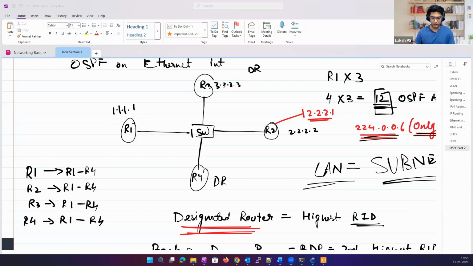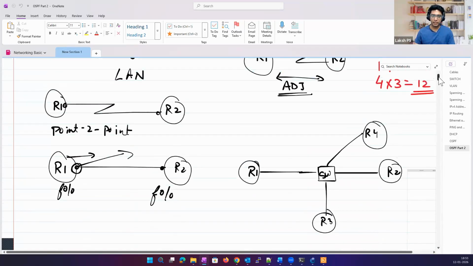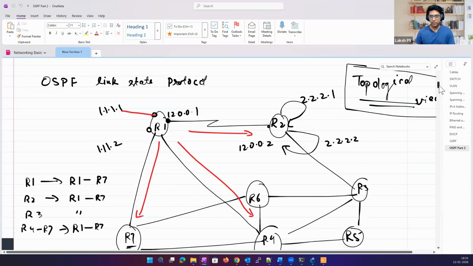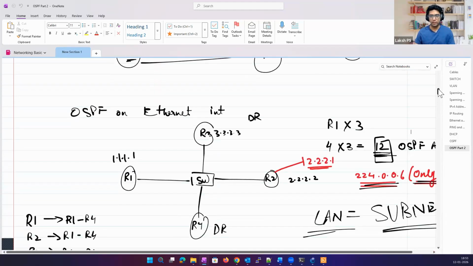So in the last class, we started our discussion on OSPF on Ethernet interfaces, right? And with that, we discussed what the problem is: the information being spread, or the database, or the hello messages being sent across a particular network in an Ethernet environment.